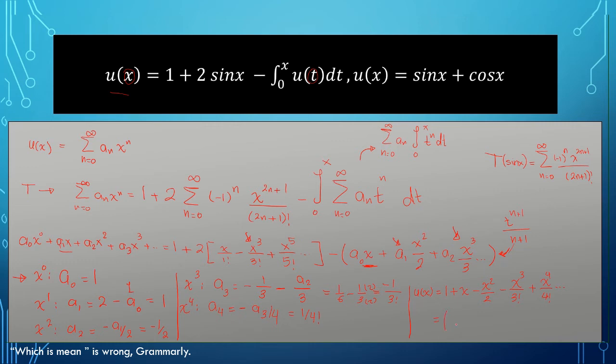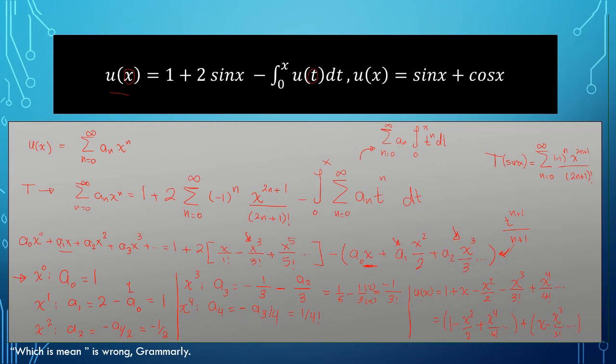If we take the coefficients of the x raised to even number and the terms which are even and the terms which are odd, so what we will get is 1 minus x squared over 2 plus x raised to 4 over 4 factorial, and so on, and this is added to x minus x raised to 3 over 3 factorial, and so on.